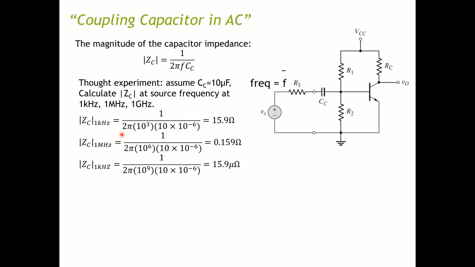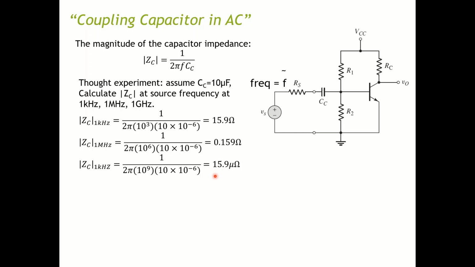So here's our result. At 1 kilohertz, we have the impedance to be 15.9. At 1 megahertz, the impedance is 0.59, and at 1 kilohertz, the impedance is at 15.9.